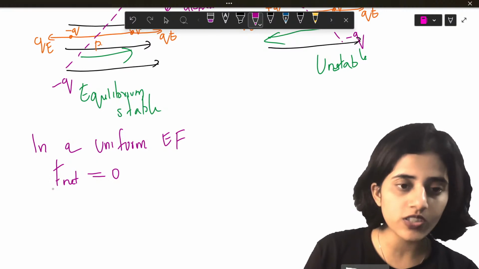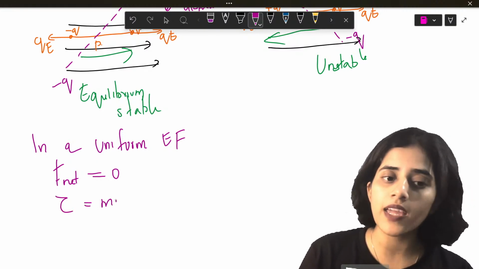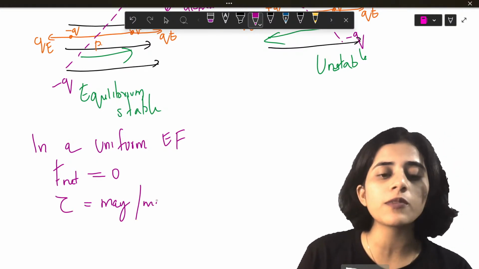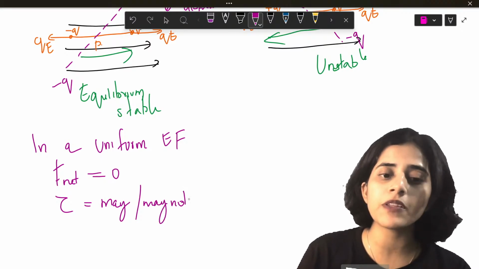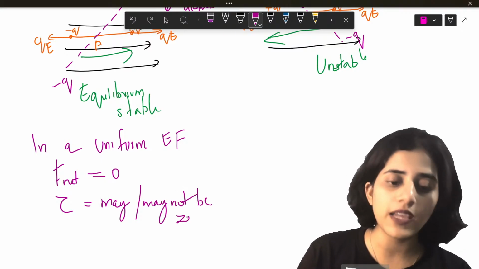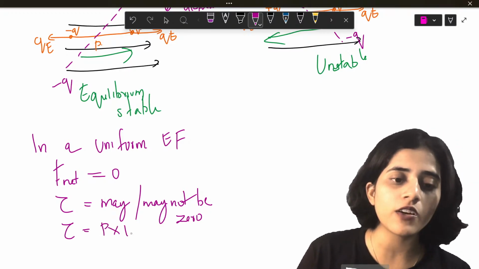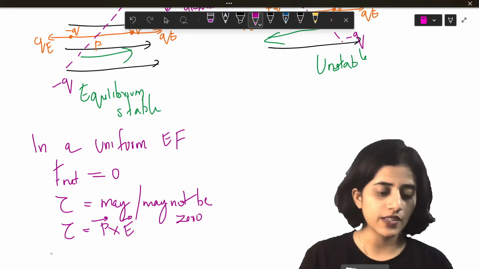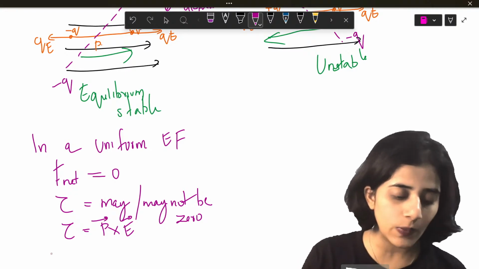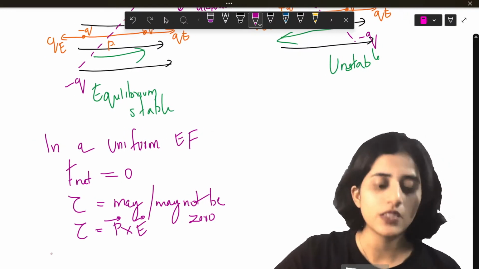The net torque may or may not be 0. It depends on the position of the dipole. Torque is P cross E. So torque may or may not be equal to 0.